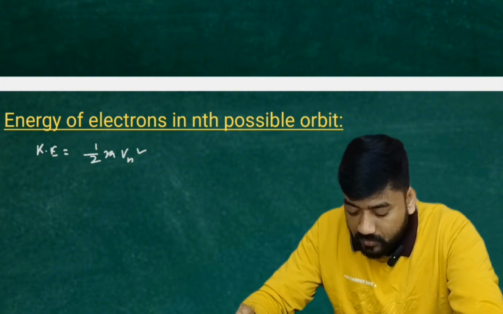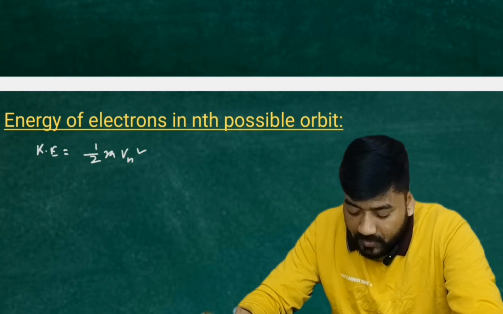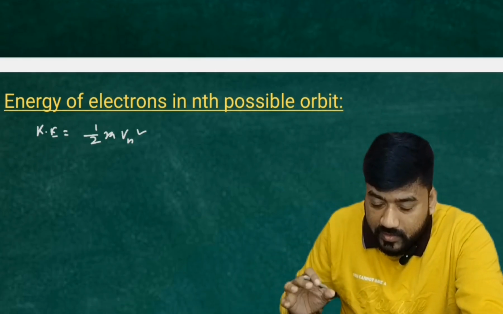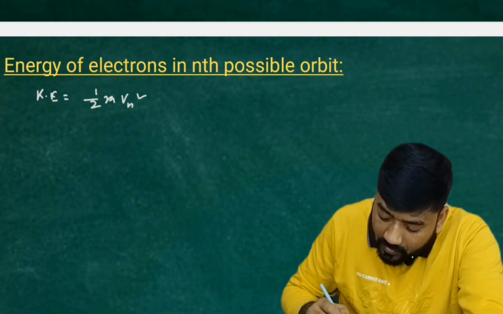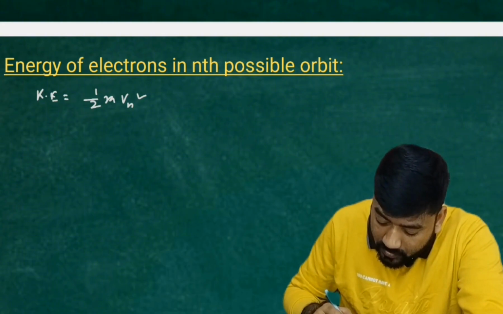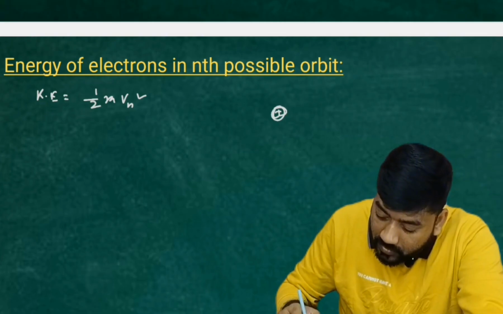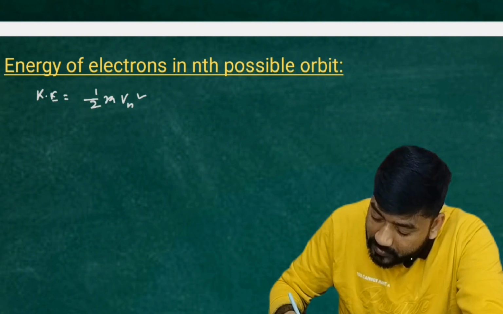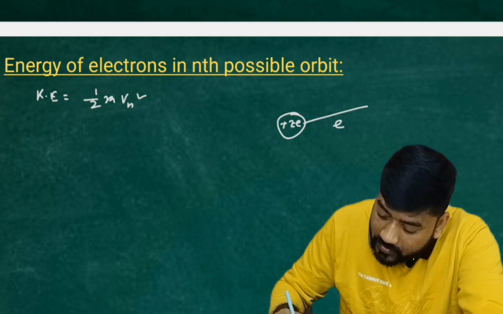But the expression of Vn we also know, but you can find it easily in this way in terms of Rn. देखिए, जो रेडियल इक्विलिब्रियम का कंडीशन था, from there we can write that this centrifugal force was... so if this is the nucleus, and the nucleus has charge Ze, so plus Ze charge is here, and the electron is at a distance Rn.